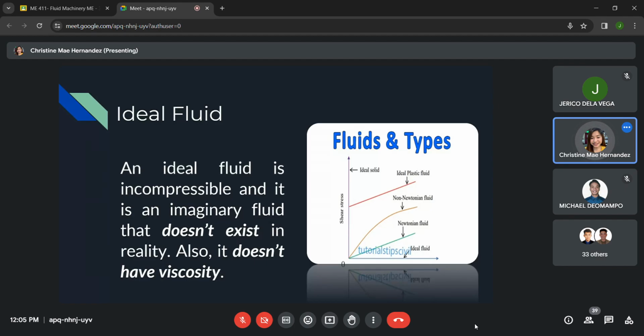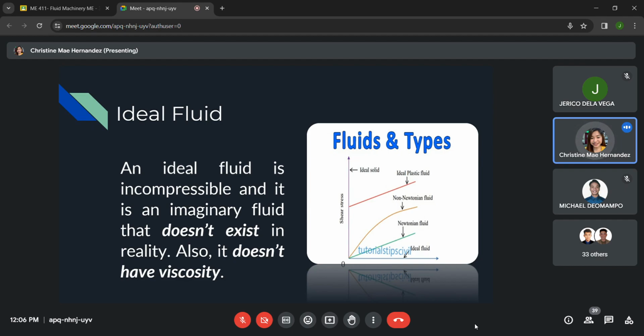Pero yung iba, kino-consider nila ang water as ideal fluid. Pero sa tunay, hindi talaga ideal fluid si water kasi si water, meron siyang viscosity, kahit maliit lang, super low viscosity.